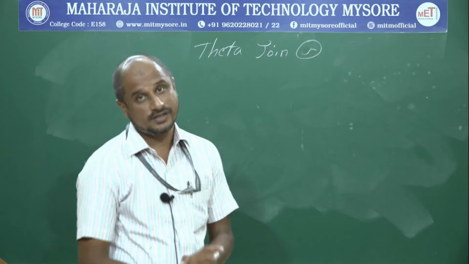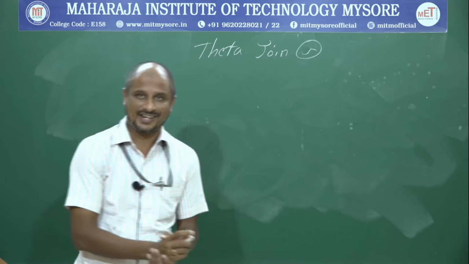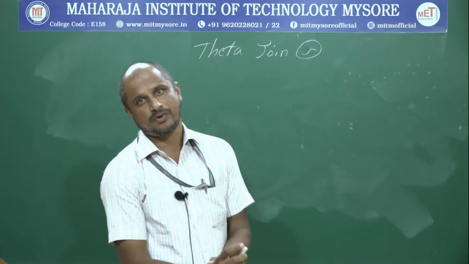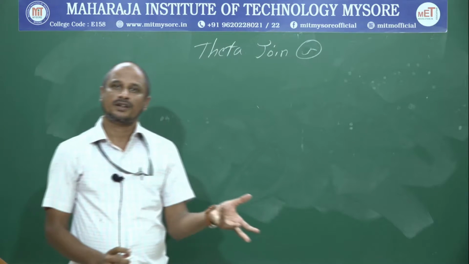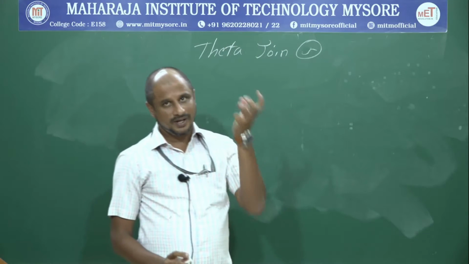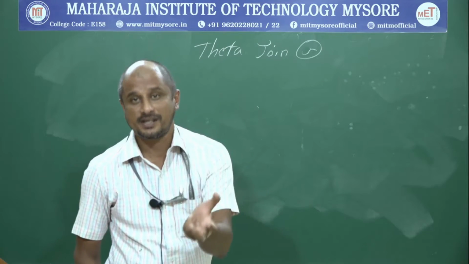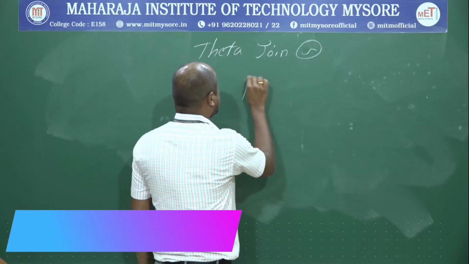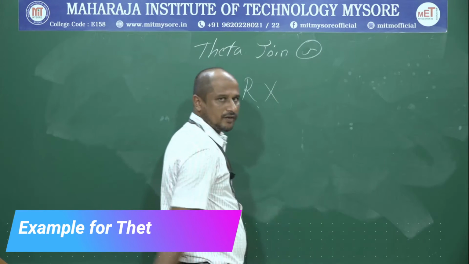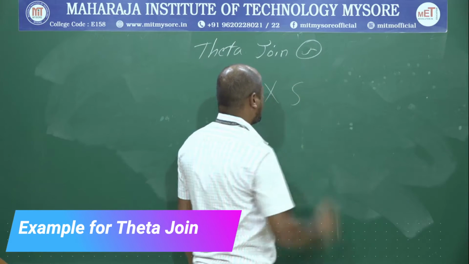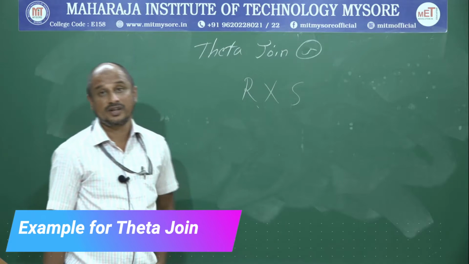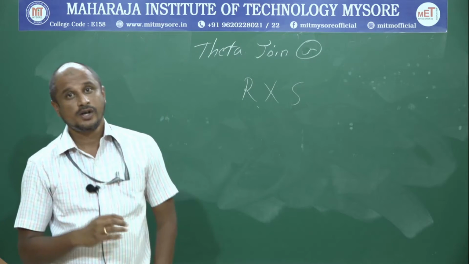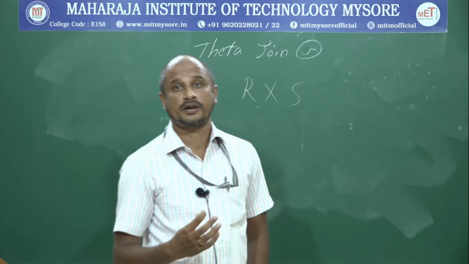As I told you, it works between two relations using the Cartesian product, represented through various symbols. R is a relation, with Cartesian product with S. R is a relation and S is a relation, and we are going to do the Cartesian product. I already told you about the Cartesian product, right?